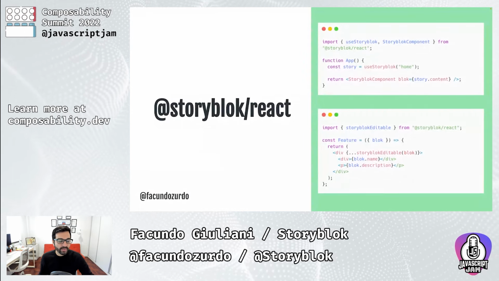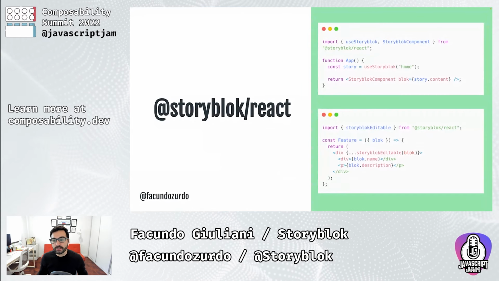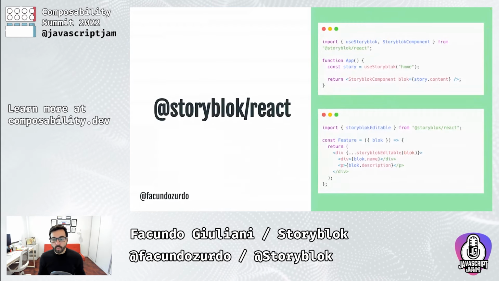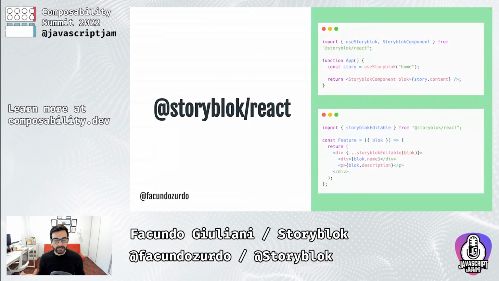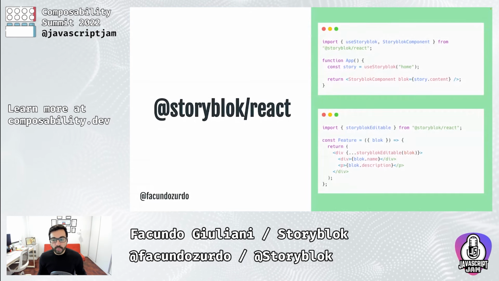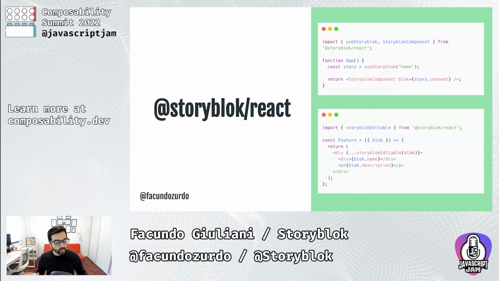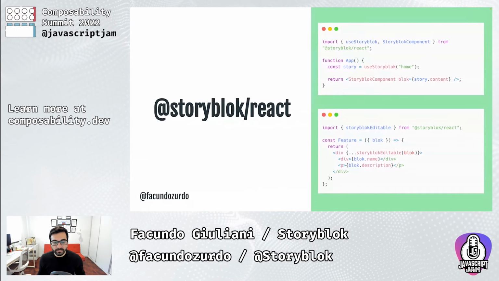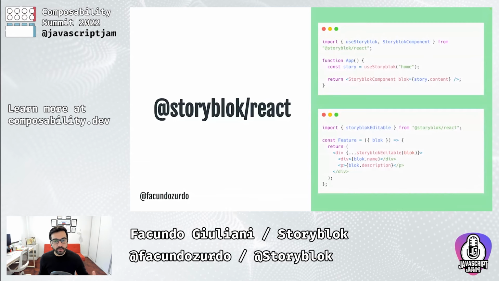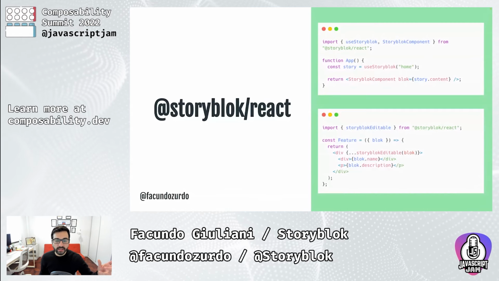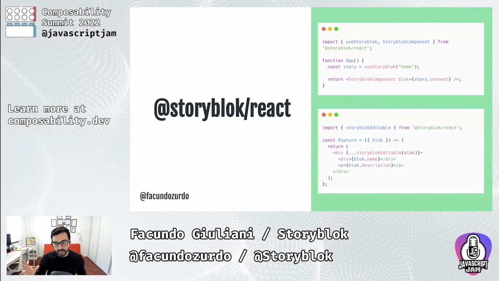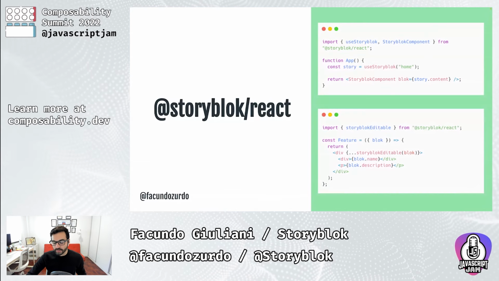On the other hand, as we are going to render the content in our projects, this Storyblok React package offers a Storyblok component, which is a generic React component that will render the correct markup depending on the component that we have in the content that we are creating and the visual representation that we created for that structure.